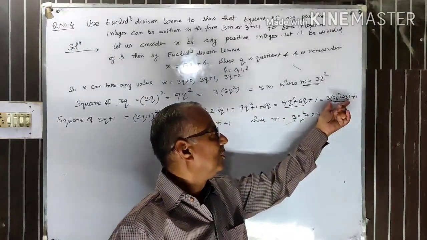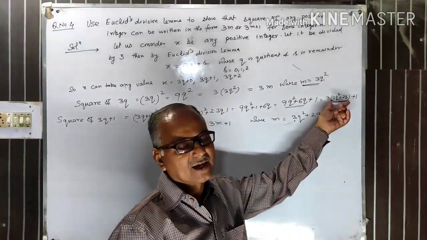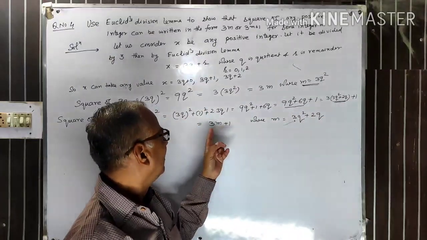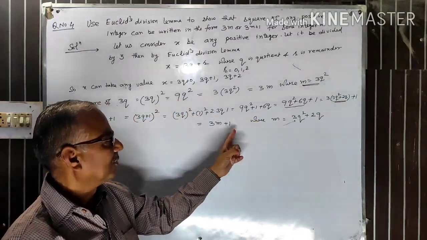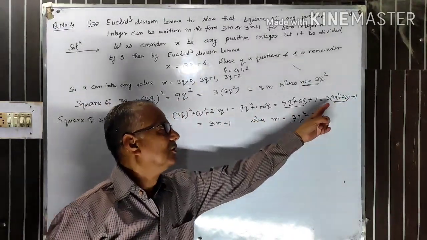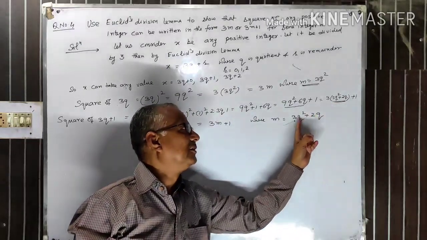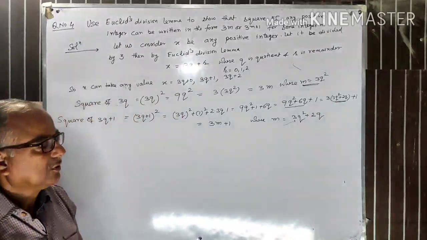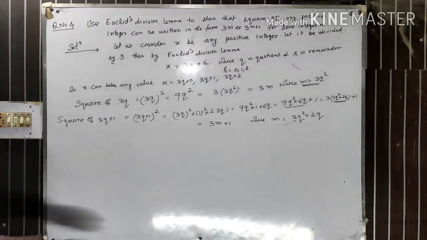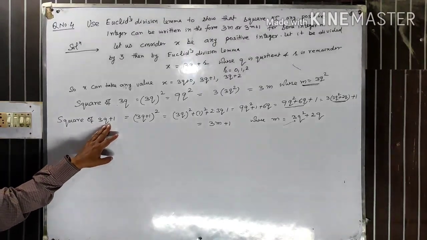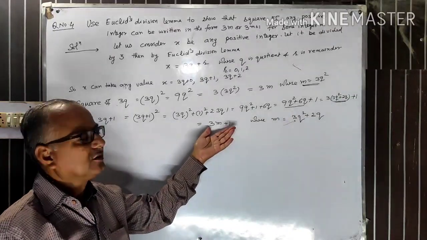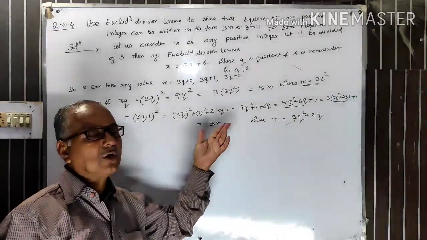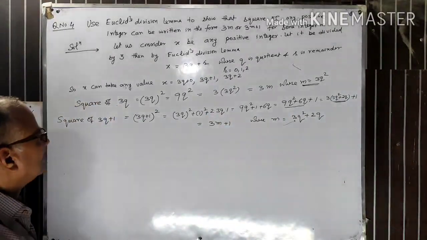So this we can write as 3m plus 1, where m is equal to 3q square plus 2q. So for the second number also we have proved that the square of 3q plus 1 can be written in the form 3m plus 1.